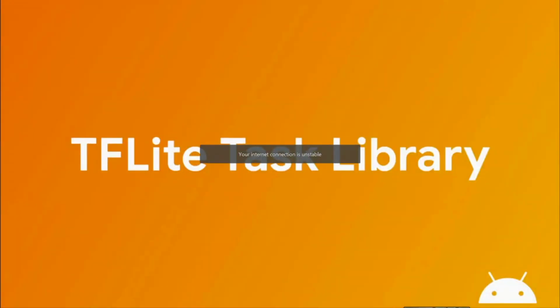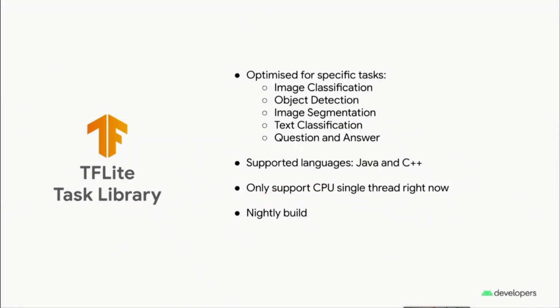The next one is the new offering that we introduced this summer. It is still a bit of a work in progress, but I really want to highlight it to this wider community. It is the TF-Lite task library. Off the bat, it supports five different tasks, including image classification and object detection, as well as other functionalities like question and answer.